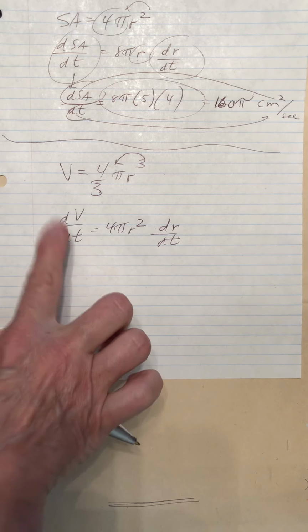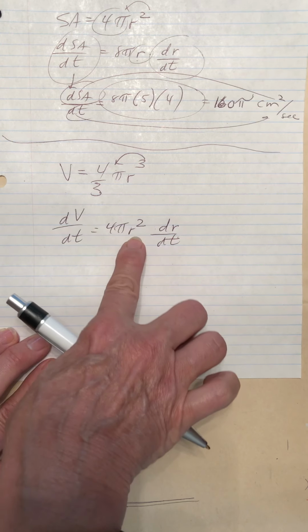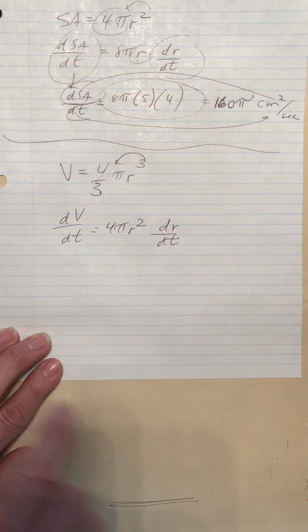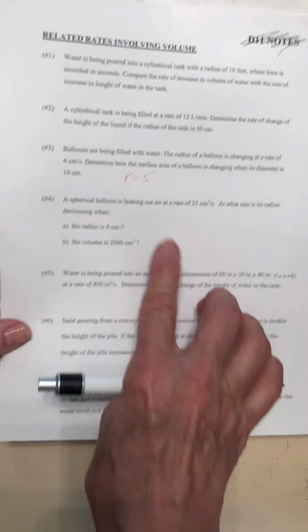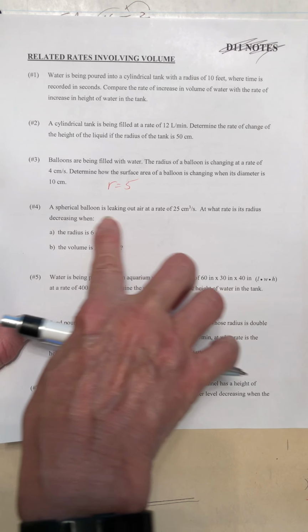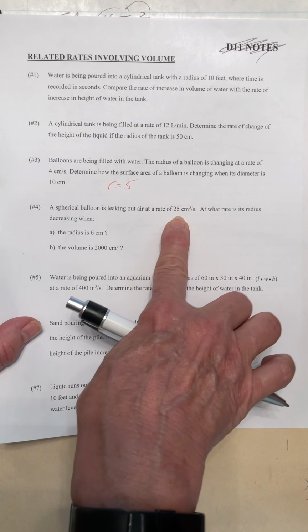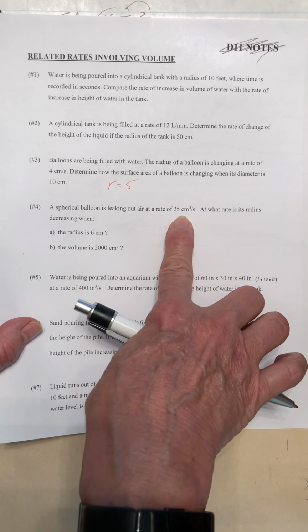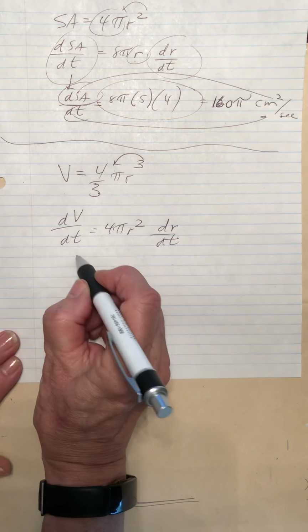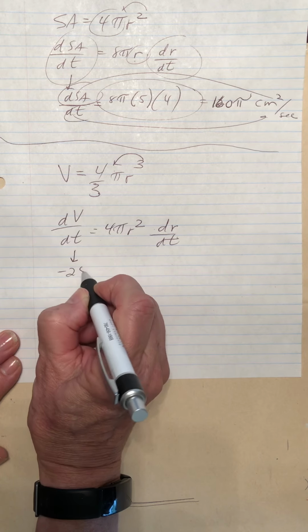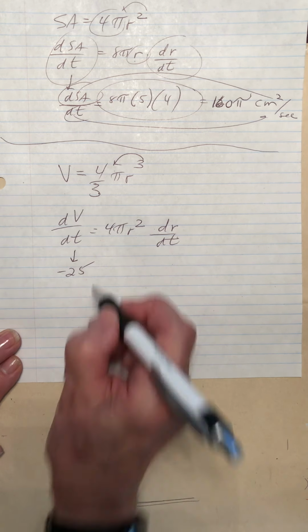So I need how the volume is changing, I need a radius, and I need how the radius is changing, or those are the two things I'm being asked for. This question tells me the dV over dt. I'm losing this much volume, and my radius is 6. Okay, so I'm losing 25 cubic centimeters per second.